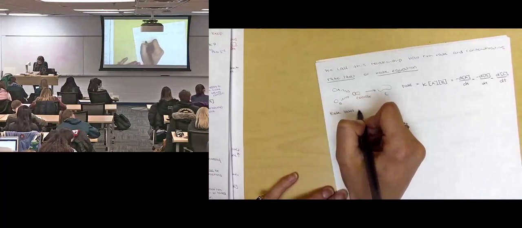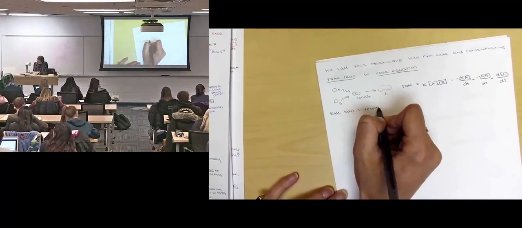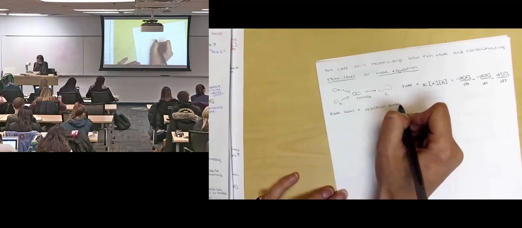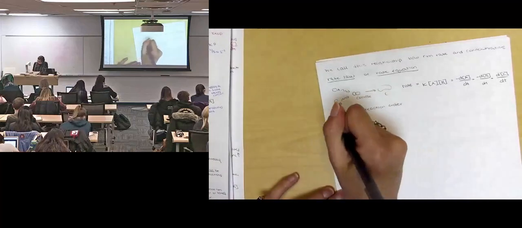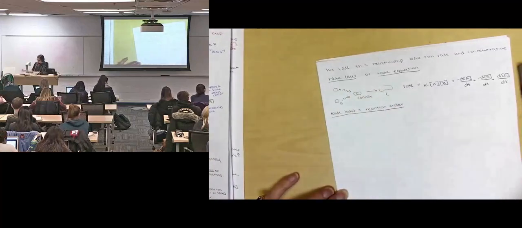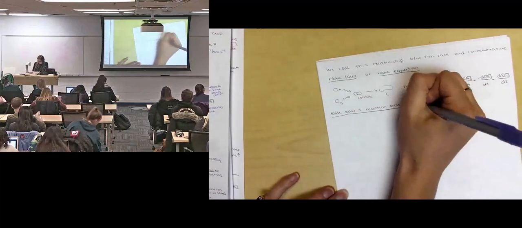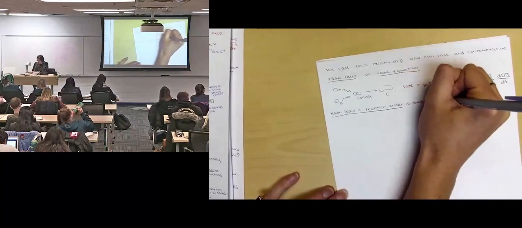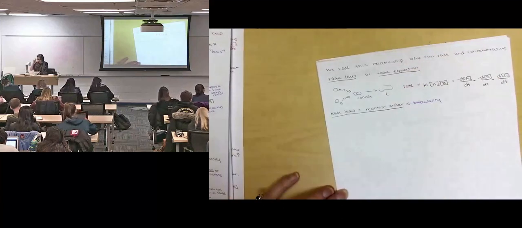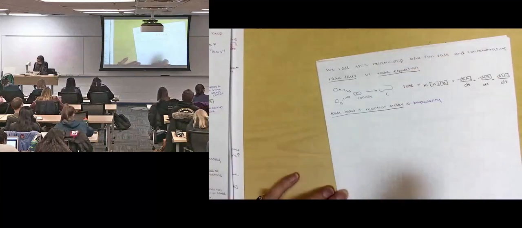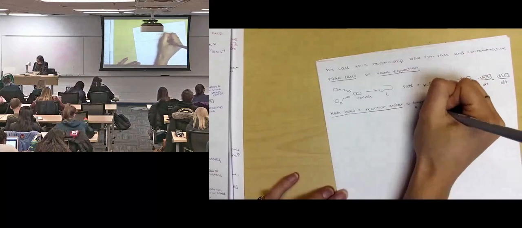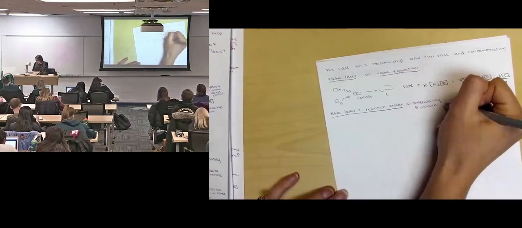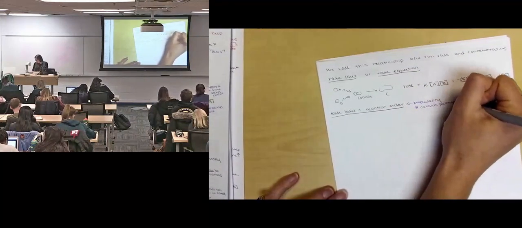So we're going to talk about rate laws and then also something called reaction order. And reaction order is related to something called molecularity, and we'll go through some slides on this as well that hopefully improve what I'm about to draw. And this is related to the number of collision partners.